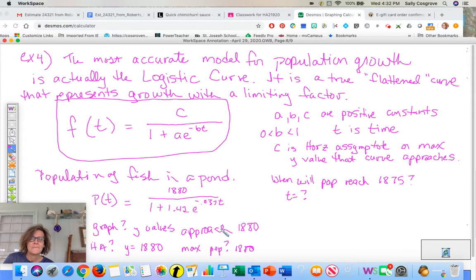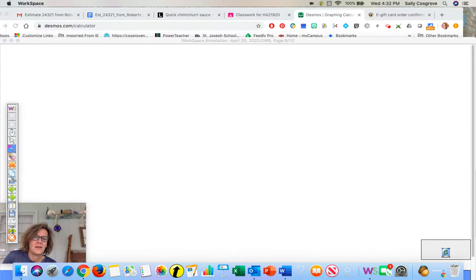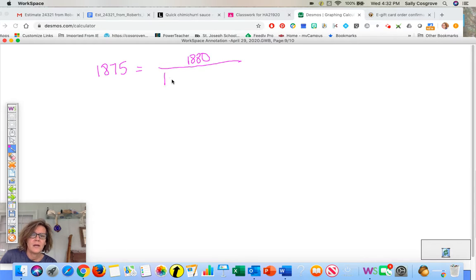All right, I'm going to need a fresh page, so I will go ahead and get a fresh page, and we'll say 1875 is equal to 1880, that's the numerator, divided by 1 plus 1.42 times e to the negative 0.037t.